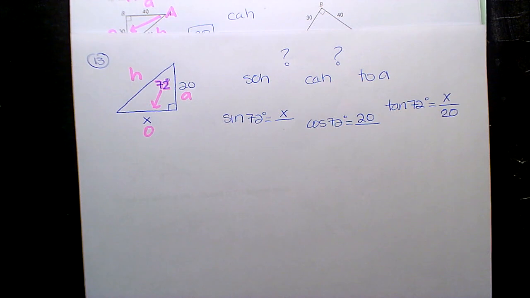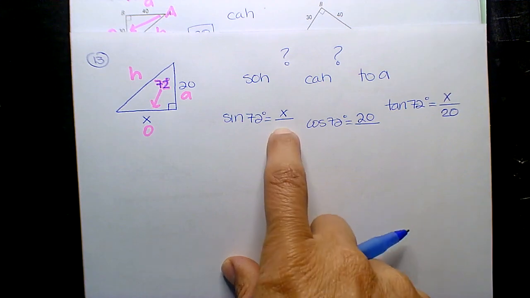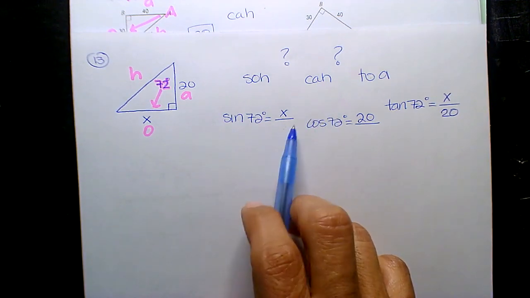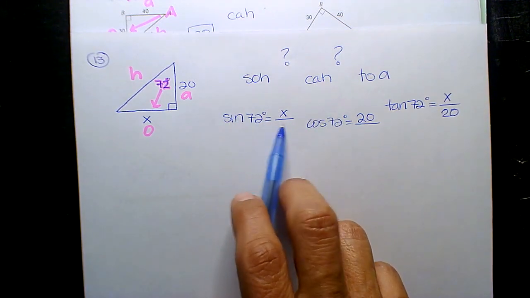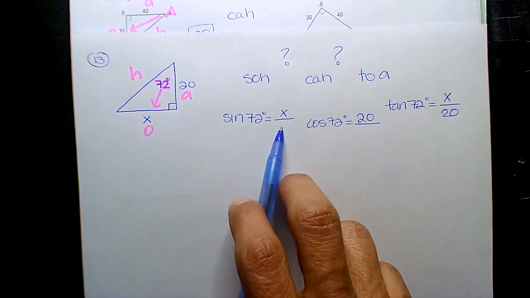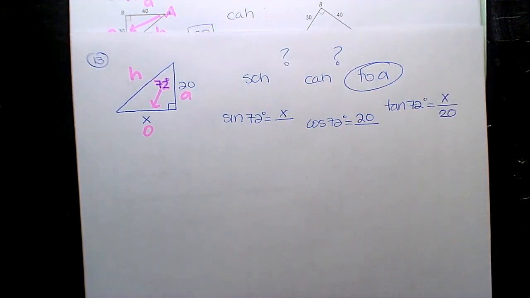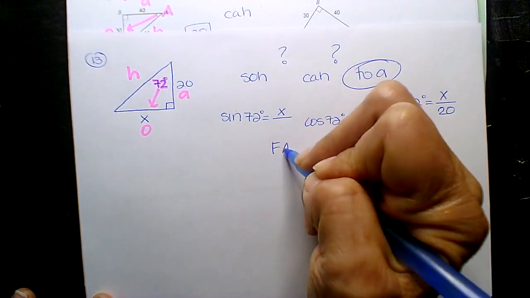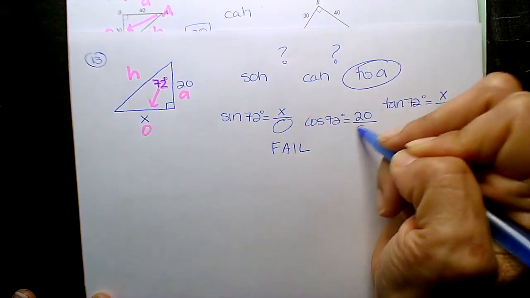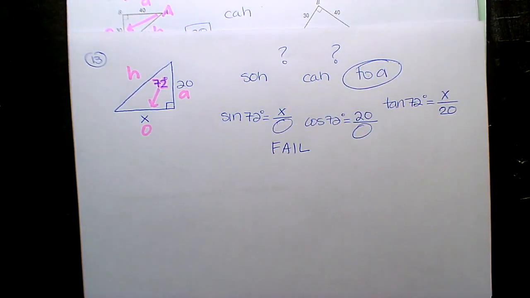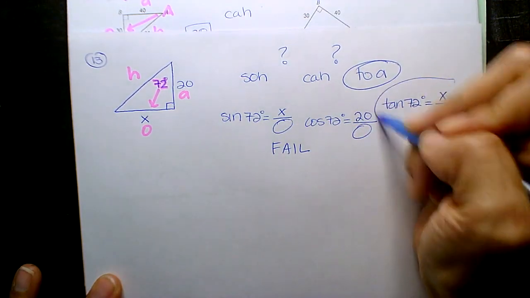I cannot put blank into a calculator. So sine and cosine are out. You cannot use them because it's an incomplete equation. There's nothing to multiply. What's sine of 72 times blank? There's nothing. So tangent is the winner. These two are a fail because I have nothing here. So this is the winner.